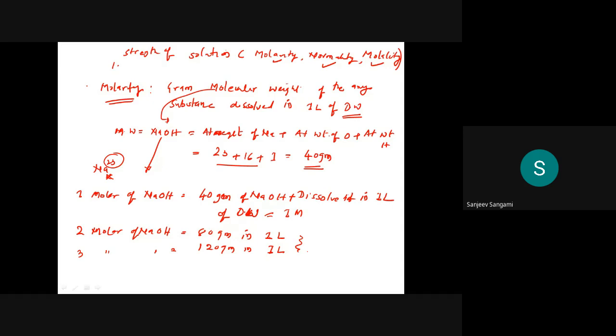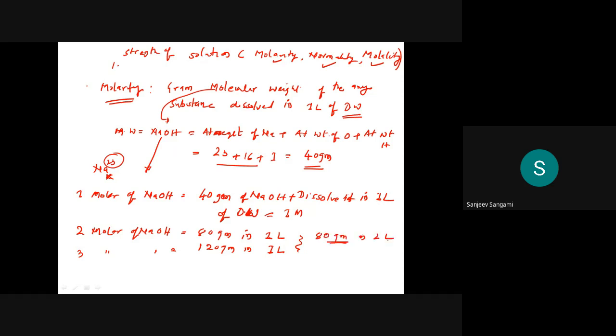Most of the people, last year or 2 years back, one problem was asked in your GATE examination. Many students did it wrong: if they want to prepare 2 molar NaOH, they prepared 80 gram in 2 liters.